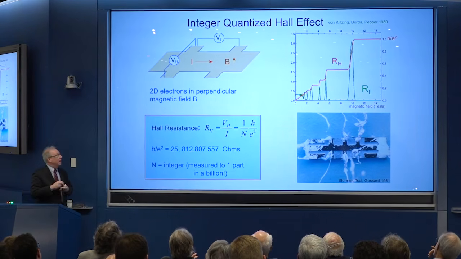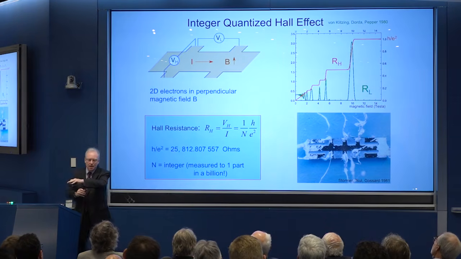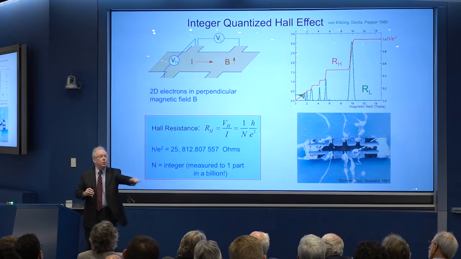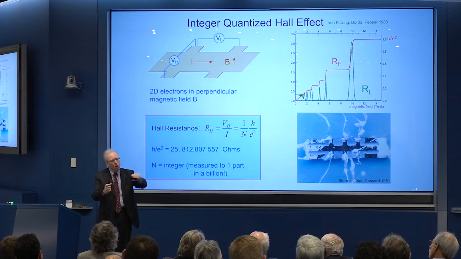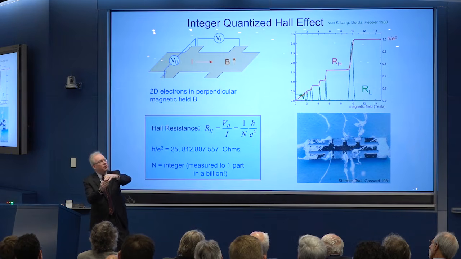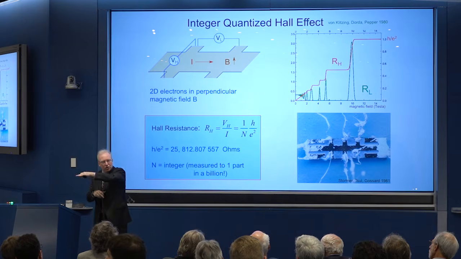The quantum Hall effect occurs when you confine electrons to a two-dimensional plane. Okay? And this is something you can do on the interface between two different pieces of semiconductor. On the two-dimensional interface, you can arrange it so the only way that electrons can be is in the plane.